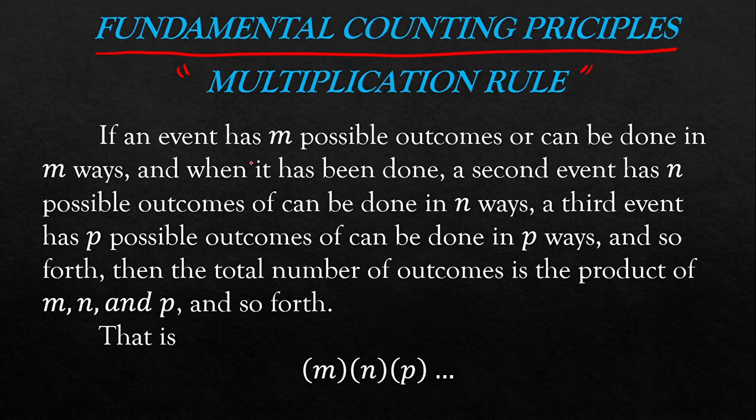If an event has m possible outcomes, or can be done in m different ways, and after that a second event has n possible outcomes, or can be done in n ways, and a third event has p possible outcomes, and so forth, then the total number of outcomes is the product of m, n, p, and so forth.